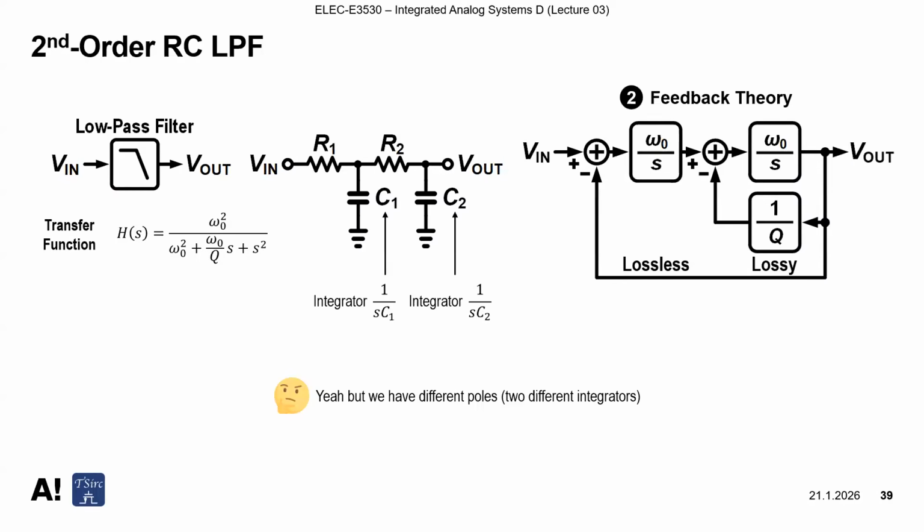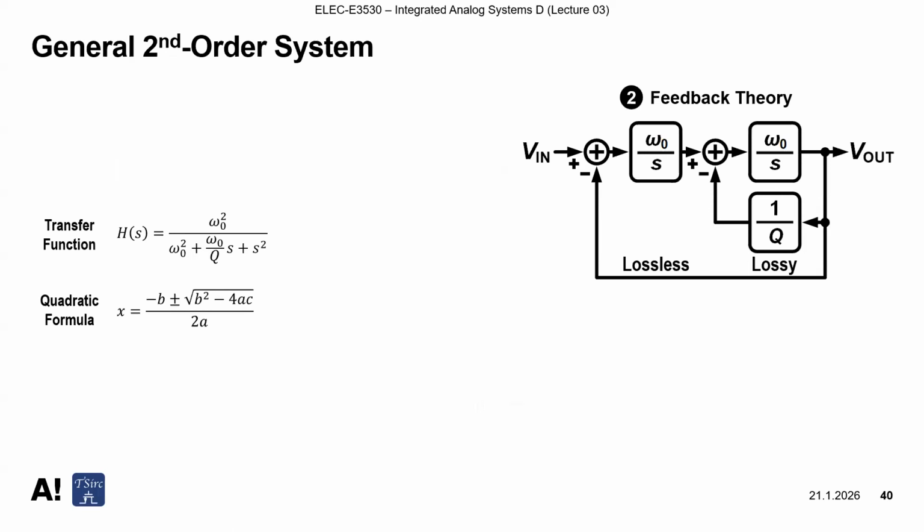We have C1 and C2, each of them serving as integrators, right? Then if C1 is 100 times smaller or 100 times bigger, then definitely the two pole locations will not be the same. So we will need to analyze the exact pole locations to better understand what is happening here.